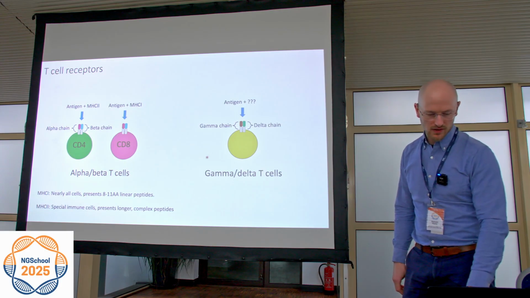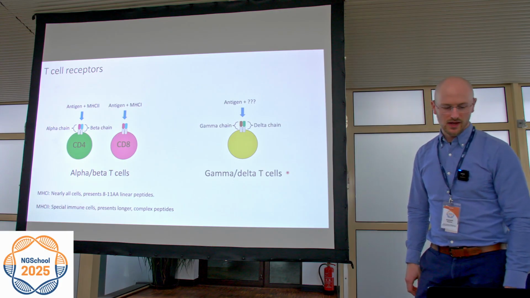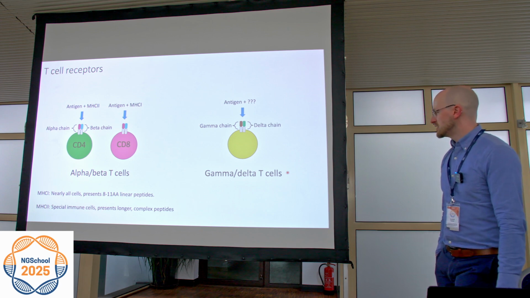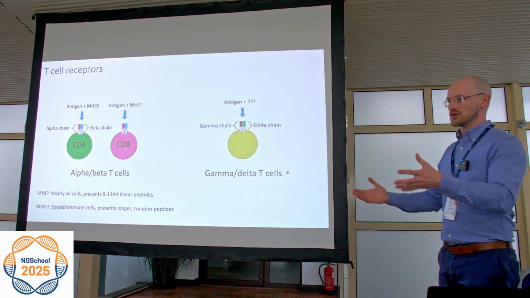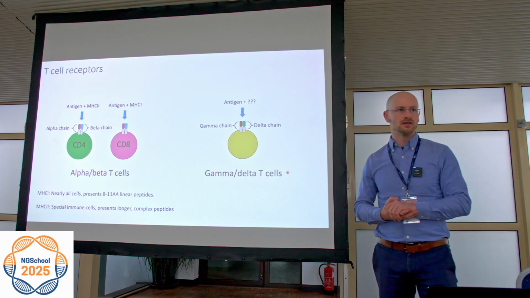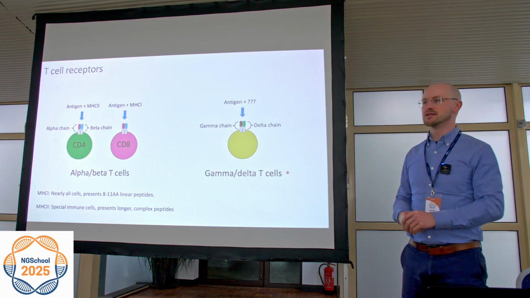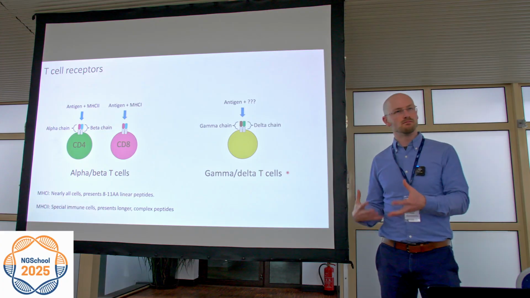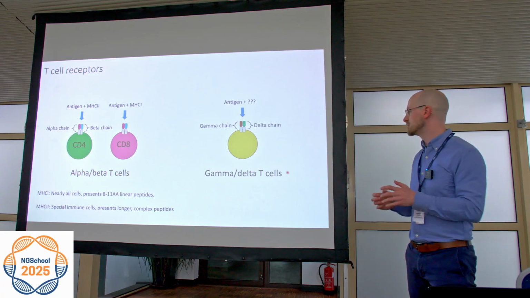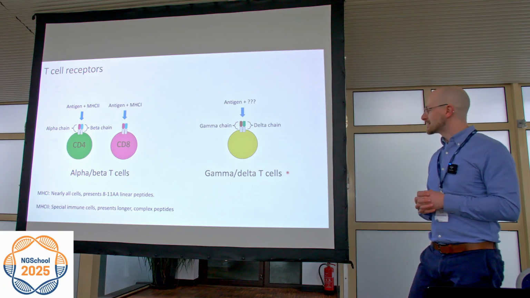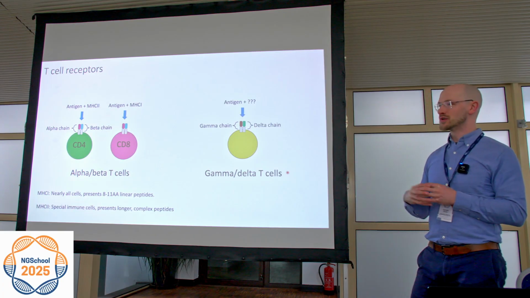And then there are the gamma delta T cells. Gamma delta T cells are produced by a different locus and different rearrangements. They're sometimes called innate-like T cells because they behave more similarly to innate immune cells. They're within the tissues, and it's not really clear what triggers their activation.